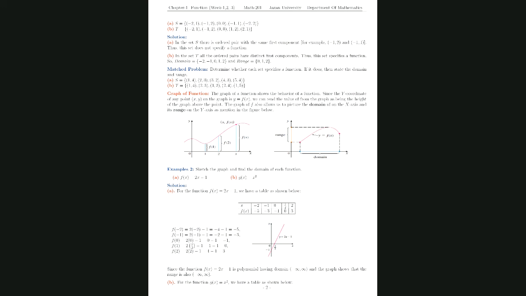If an input appears 2 times, it means that one input is connecting to two outputs, and that is not a function. Every input must appear 1 time. So this set T defines a function.